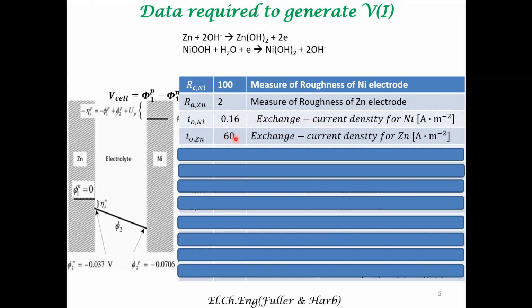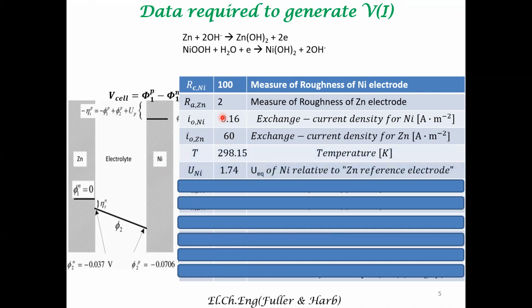The difference in the magnitude of exchange current density is a measure of the electrocatalytic property of the two different electrodes. Again, for now, this is something that can be experimentally measured. Temperature. This is the potential of the positive electrode with reference to a zinc reference electrode.